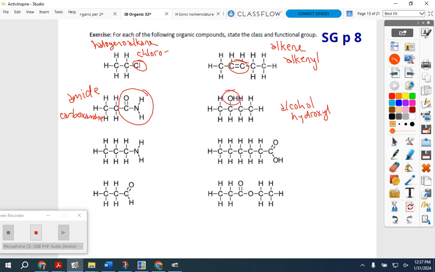Alex, what about this one? It's going to be an amino group. So when you have something like an OH or an NH2, you have to make sure to look to see whether it's next to a carbonyl group, because that changes what it is. Right?